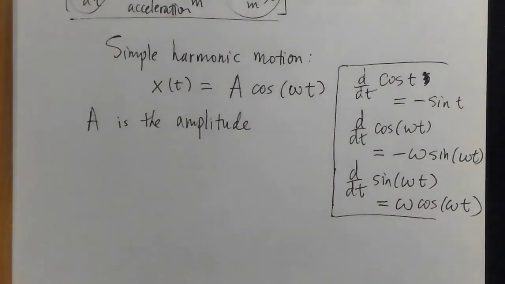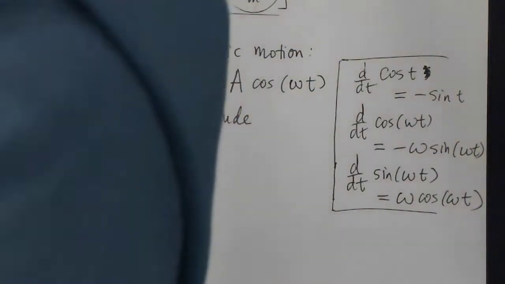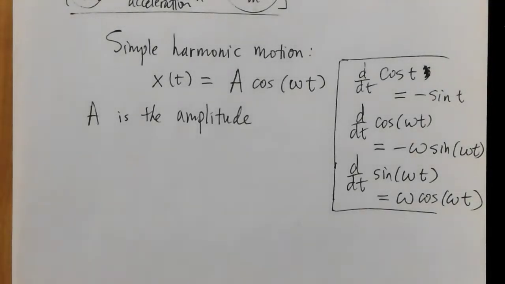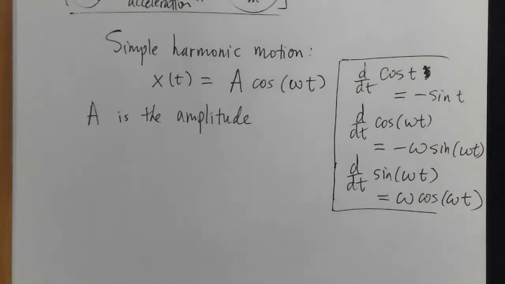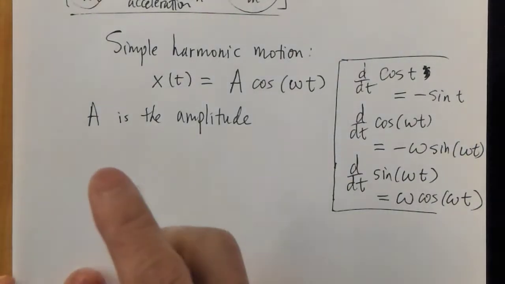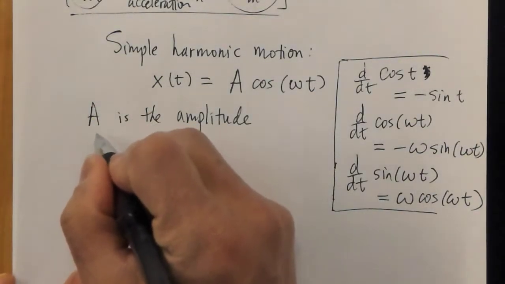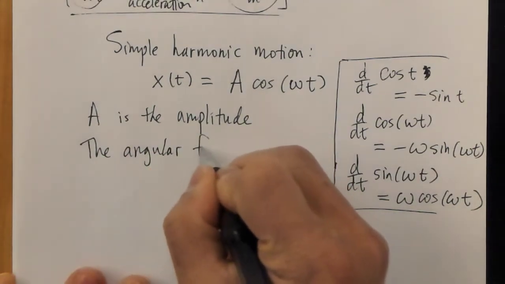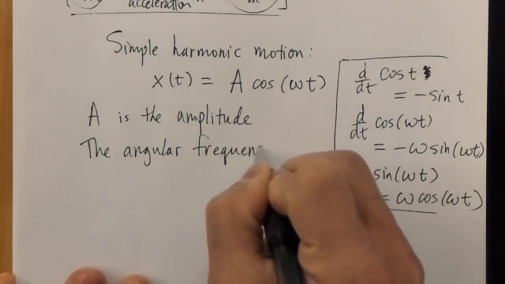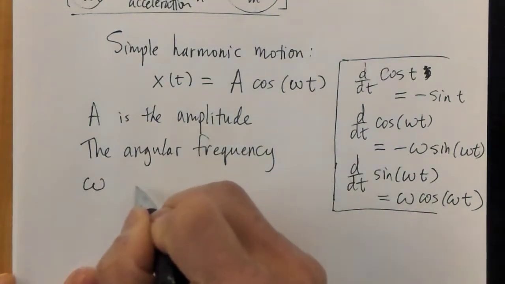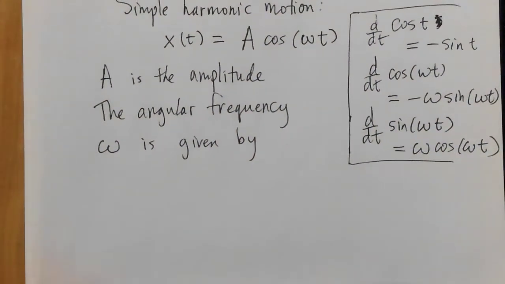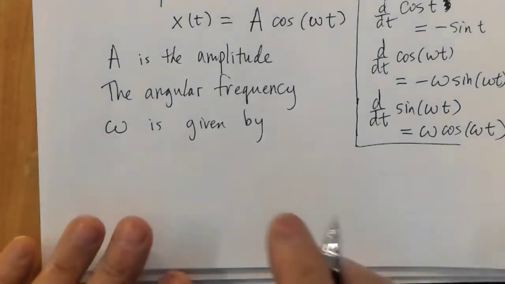All right. It's the maximum value that this can take, and negative A is the minimum or the lowest value. And now, let me tell you that the angular frequency, and I'm just going to give you this answer, omega is given by, for the case of the mass on a spring, there's a formula.